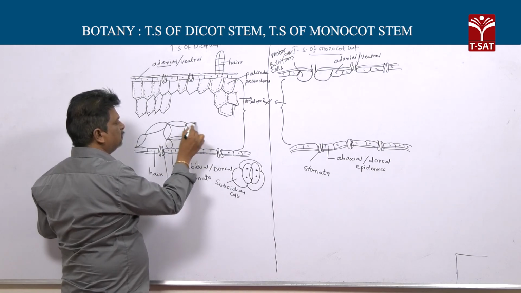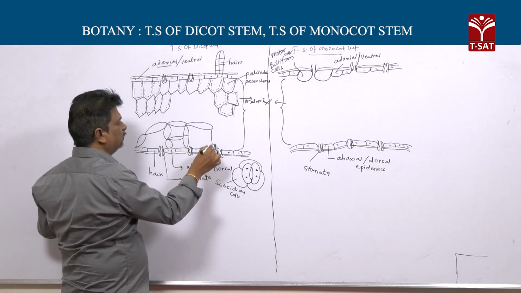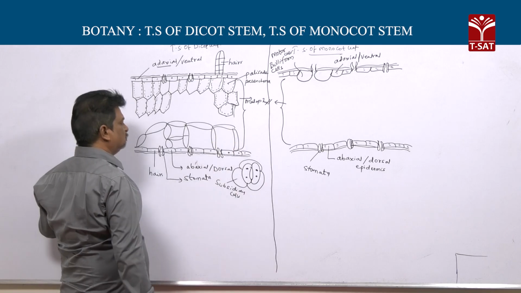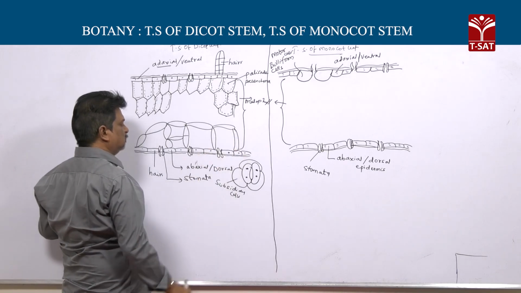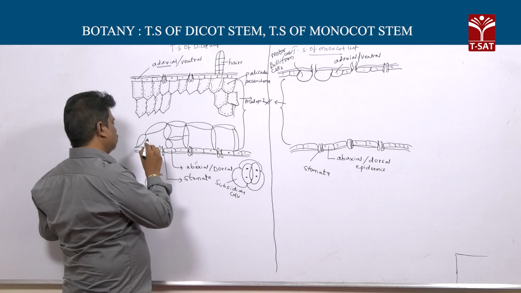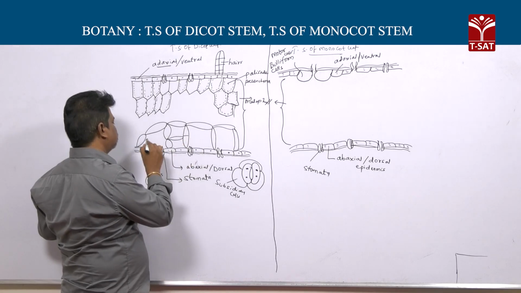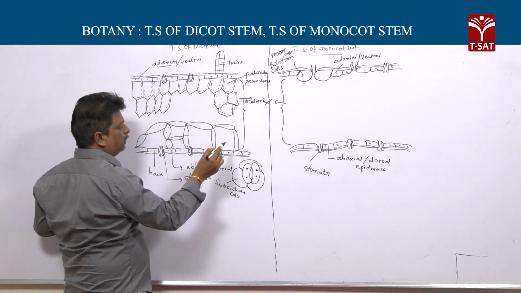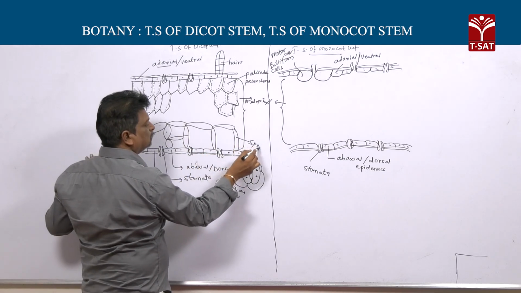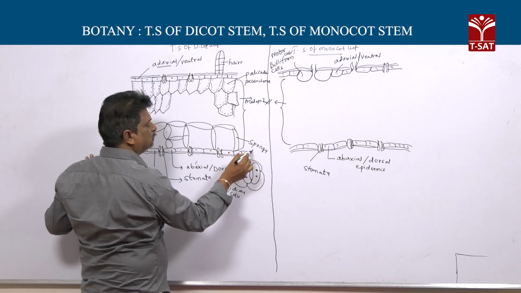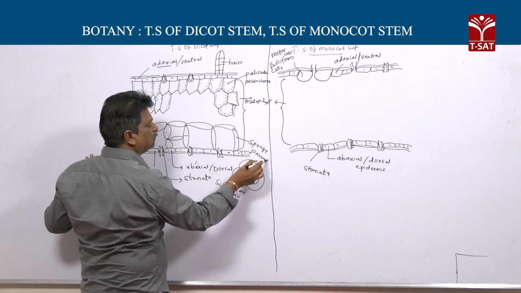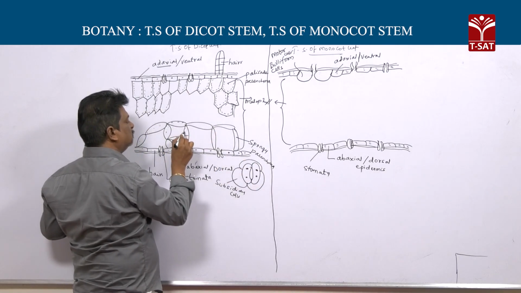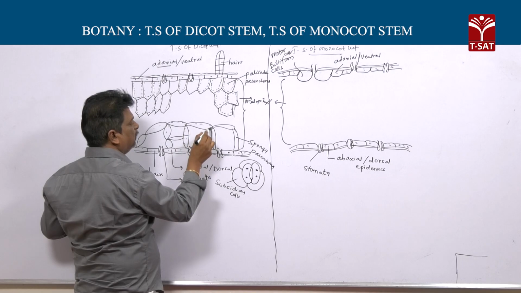Here the cells are loosely and irregularly arranged, so large intercellular spaces are present. They contain chloroplast, but compared to palisade, sponge has less chloroplast.